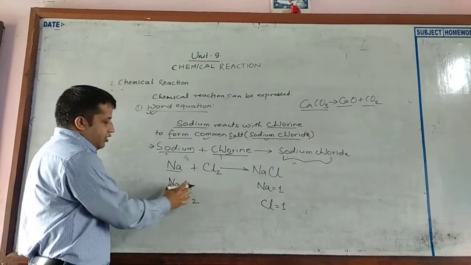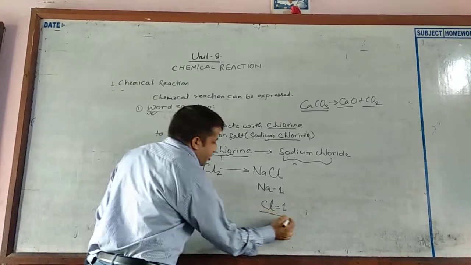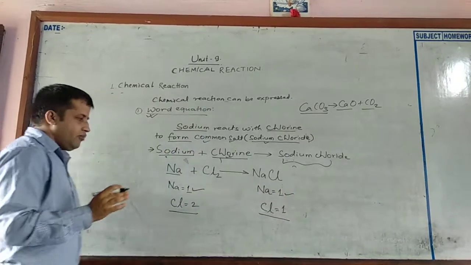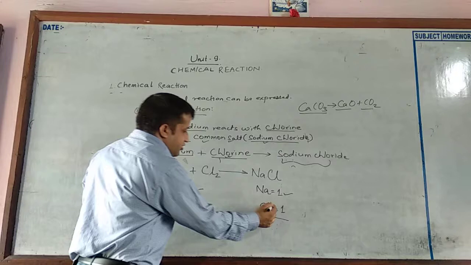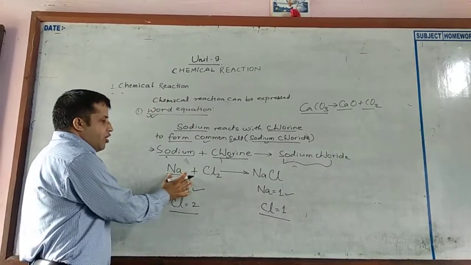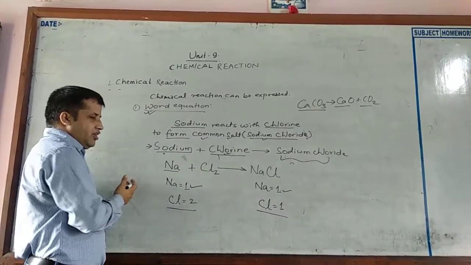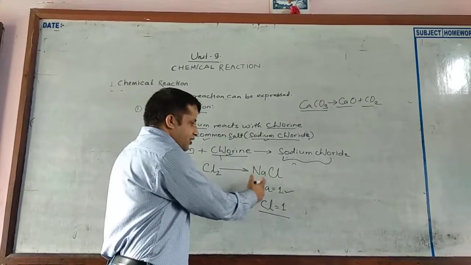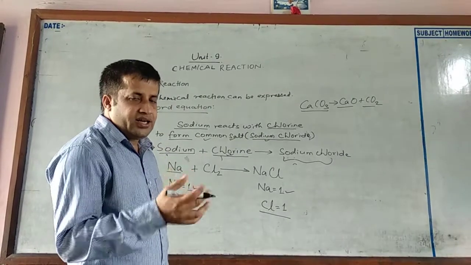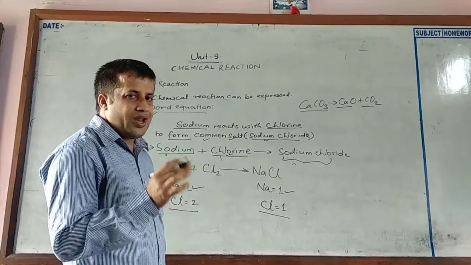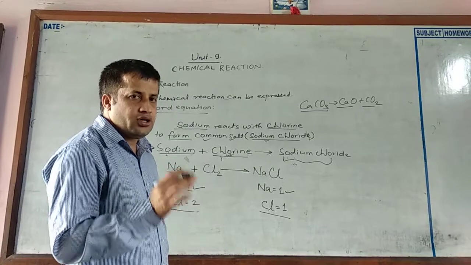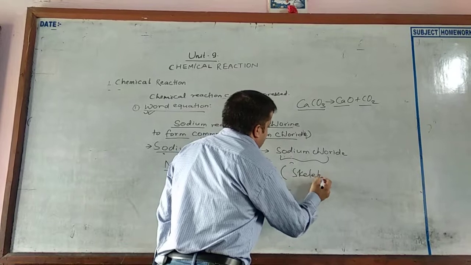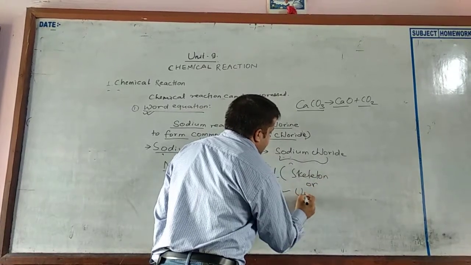If you compare the reactant side and the product side, you find sodium is equal in number, whereas chlorine differs. Since the number of atoms present in the reactant side is not equal to the number of atoms present in the product side, it is also known as an unbalanced chemical equation or the skeleton equation.